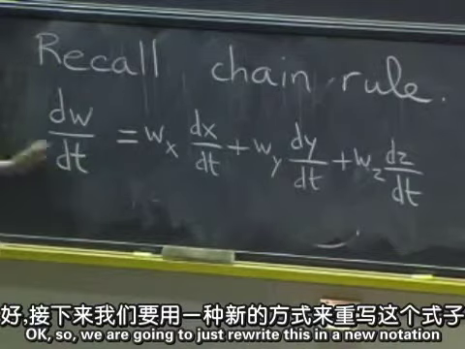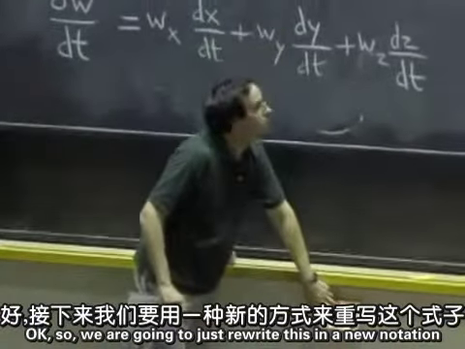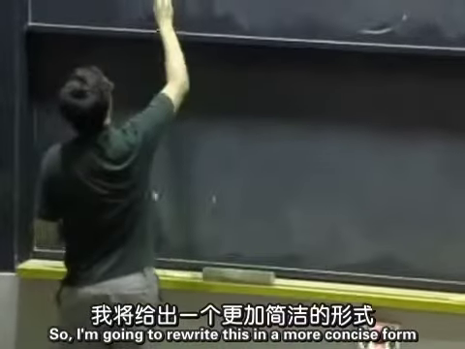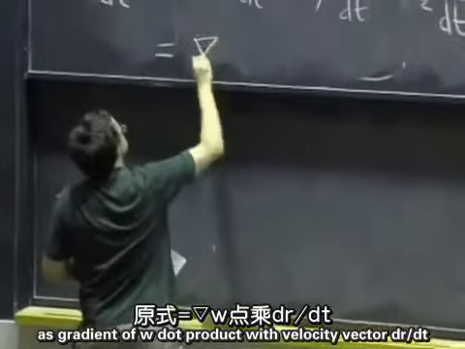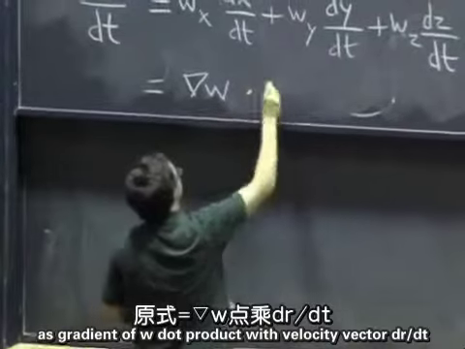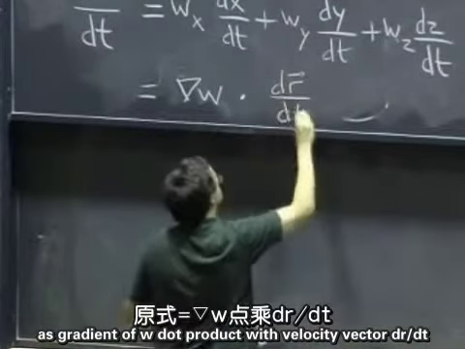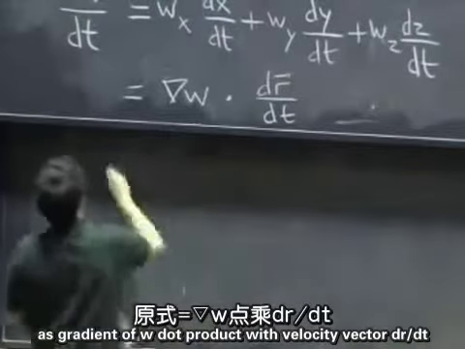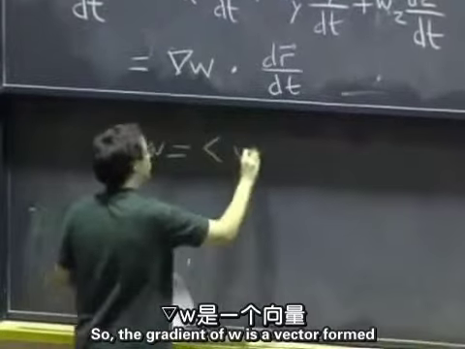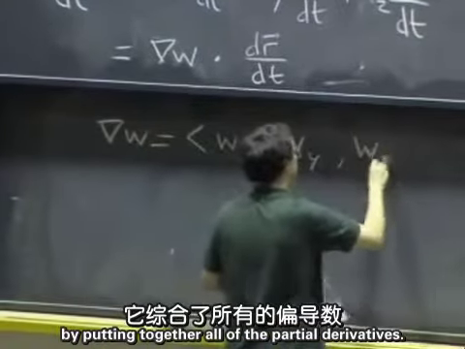Okay, so we're going to rewrite this in a new notation. I'm going to rewrite this in a more concise form as the gradient of w dot product with the velocity vector dr dt, where the gradient of w is a vector formed by putting together all of the partial derivatives.